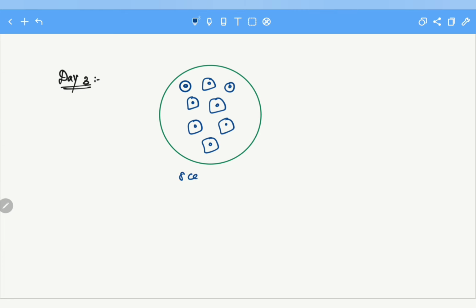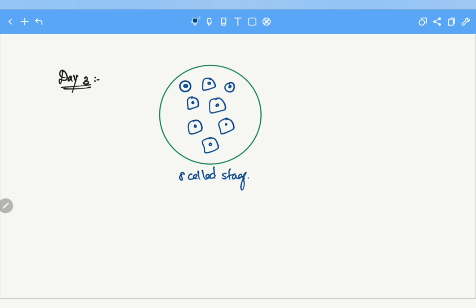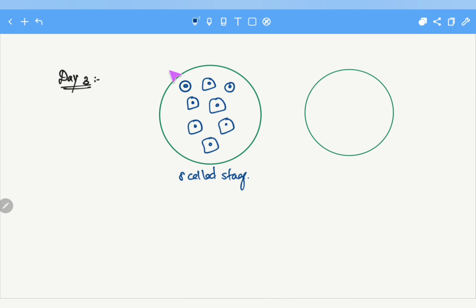So this is the 8-celled stage at the end of day 2. At day 3, this 8-celled stage undergoes cleavage to form a 16-celled stage.